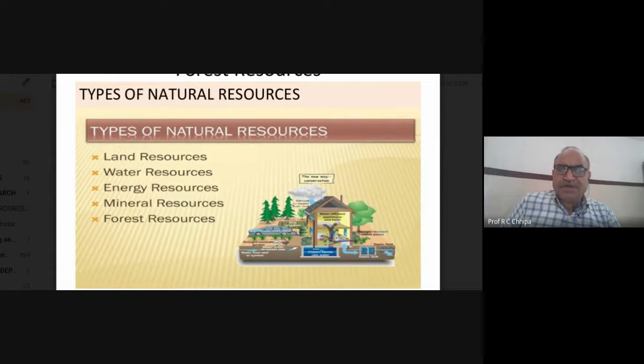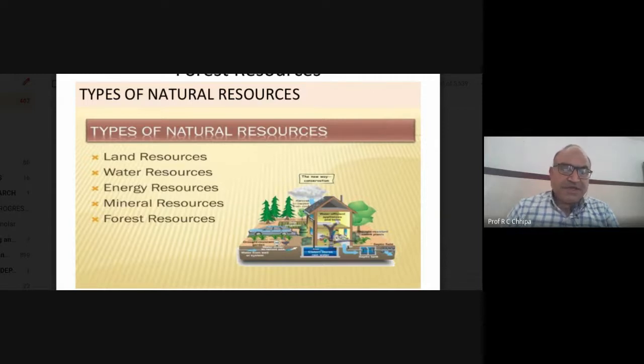The natural resources are land, that is the soil, water, the hydrosphere, and energy resources, meaning how energy is produced. Then the minerals available on the earth; specific minerals can be exhausted, so they must be used in an optimized way.